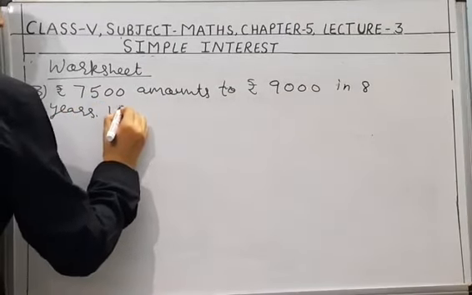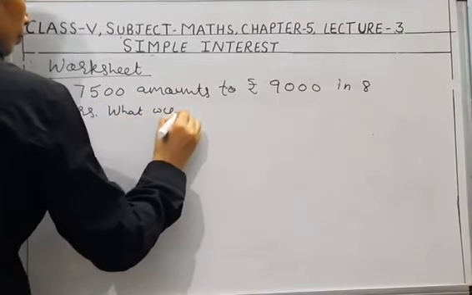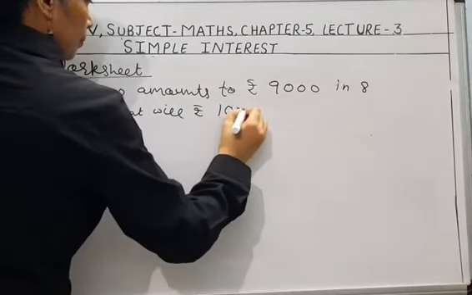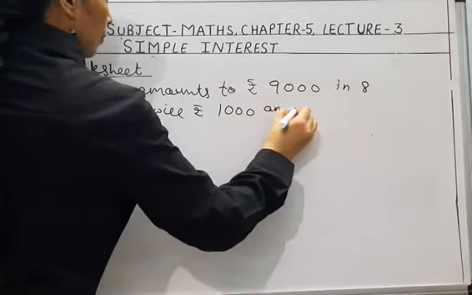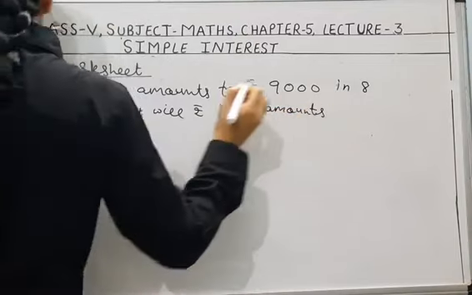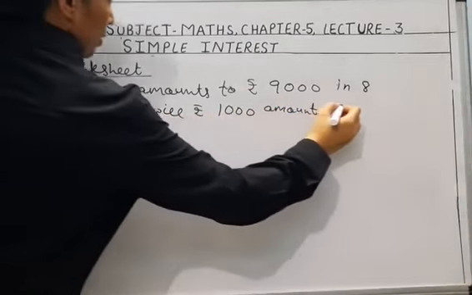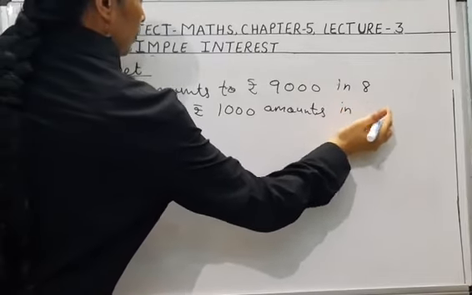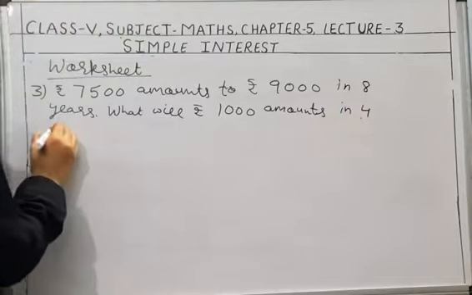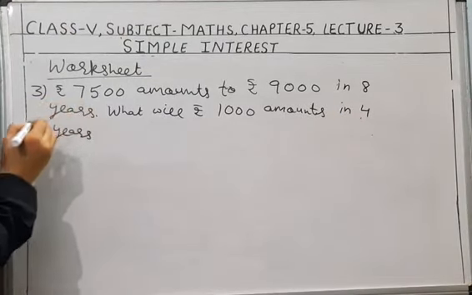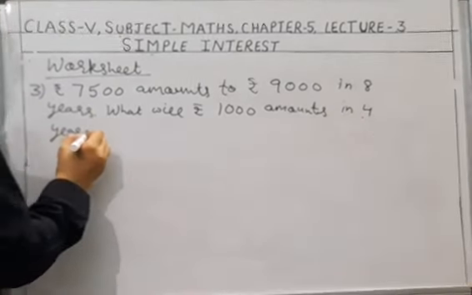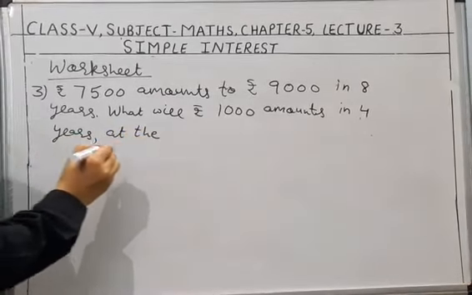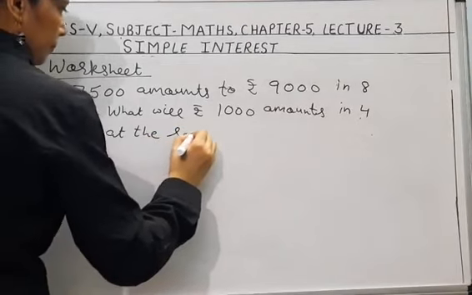What will rupees 1,000 amount to in 4 years, at the same percent per annum?